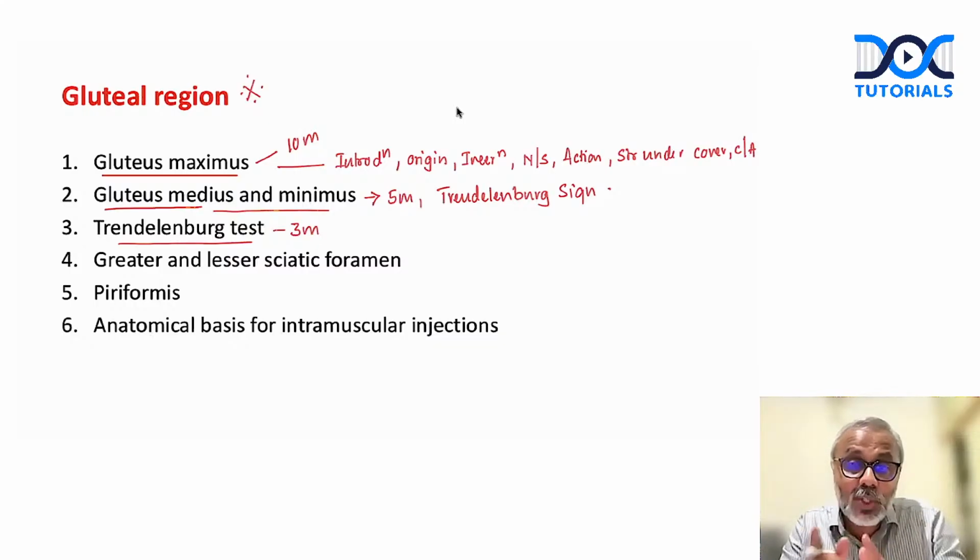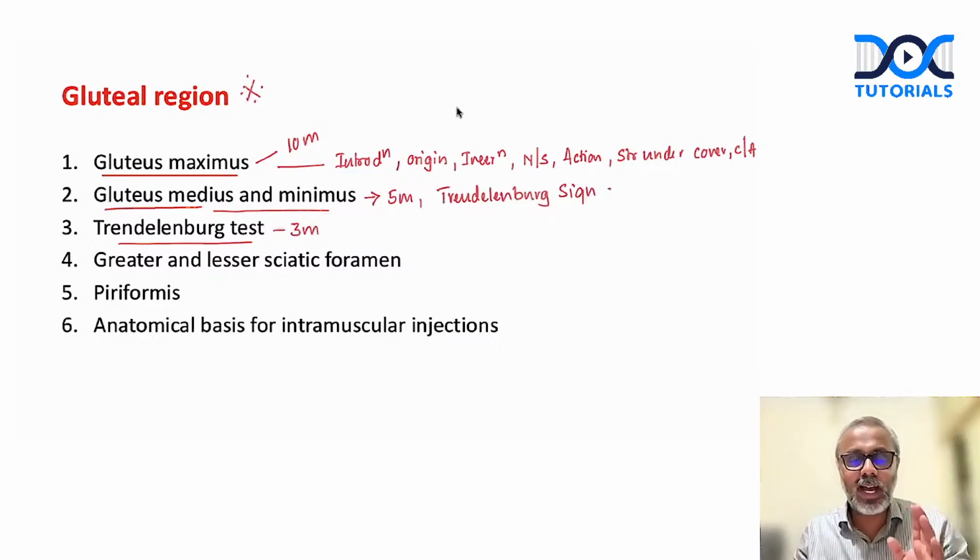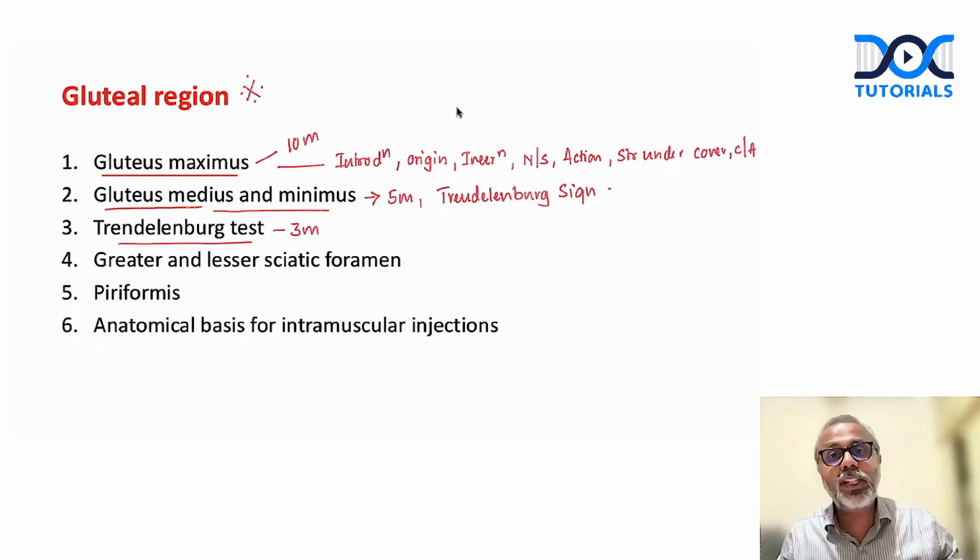Remember, there is one more Trendelenburg test that we do for varicose veins. So if Trendelenburg test is asked and the examiner has not specified it, it's always better to write both of them. One, to check the abductor mechanism of the hip. One, to check for the varicosity, the saphenofemoral incompetency.